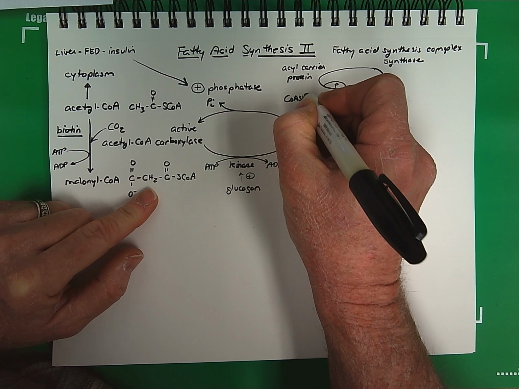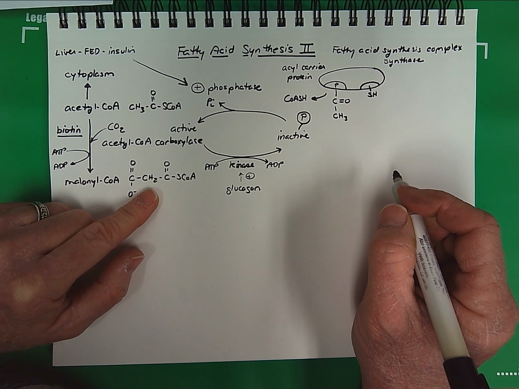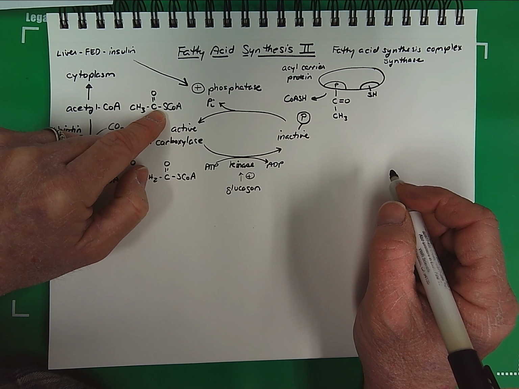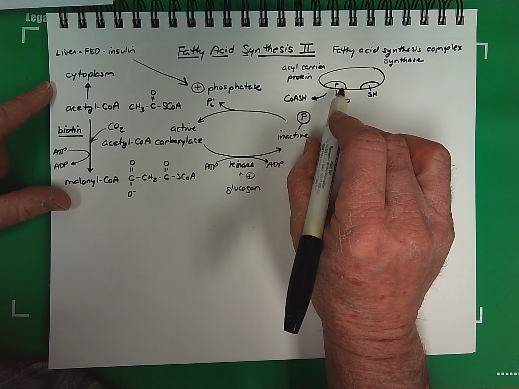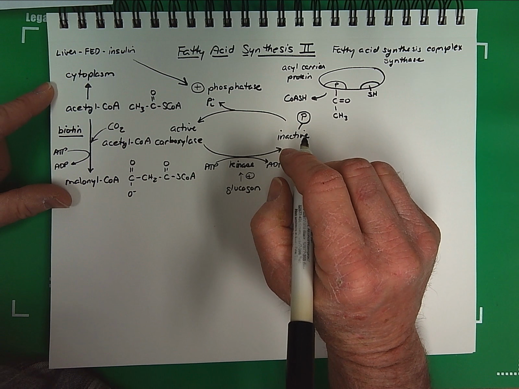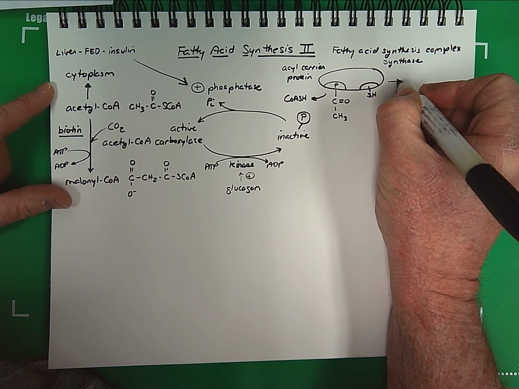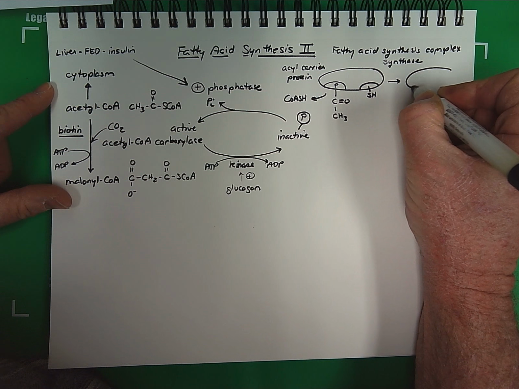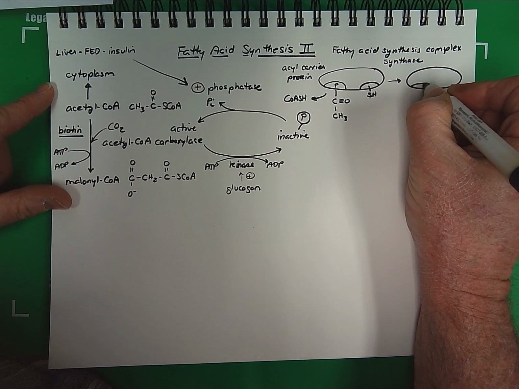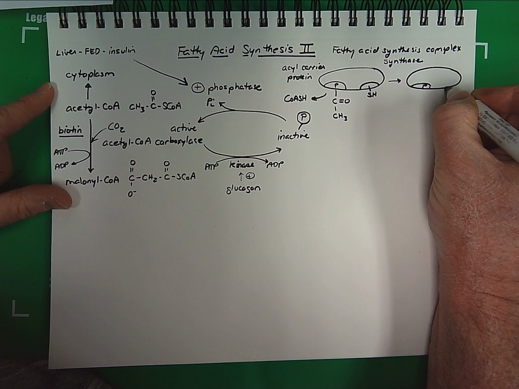And of course, we will be releasing CoASH in this reaction. So it's the thiol ester linkage that is driving this reaction to couple it to the acyl carrier protein site. The next reaction is going to move this complex over to the free sulfhydryl.